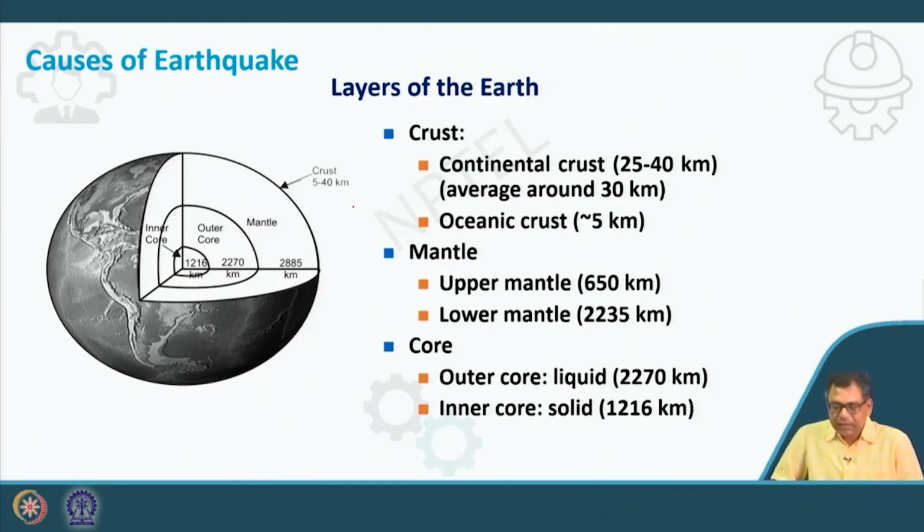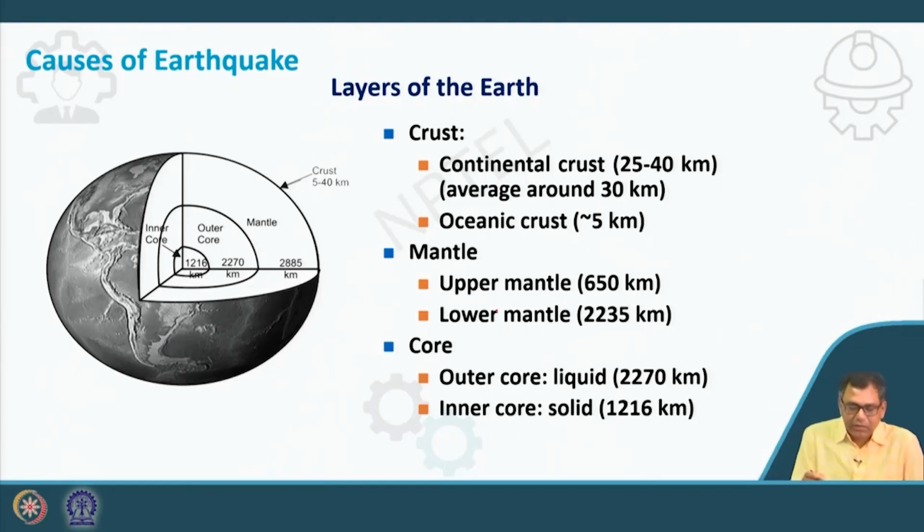Then the mantle has two parts, as you can see. This is the mantle, and this is the crust. The mantle has an upper mantle and a lower mantle. The upper mantle has a thickness of 650 kilometers and the lower mantle is 2235 kilometers.